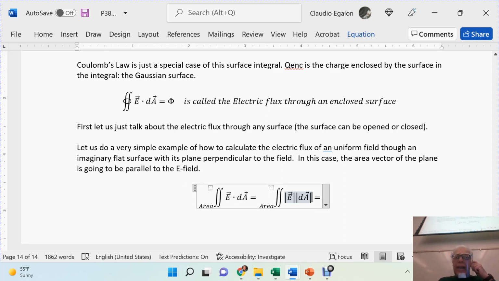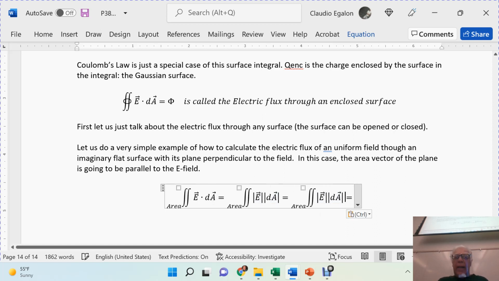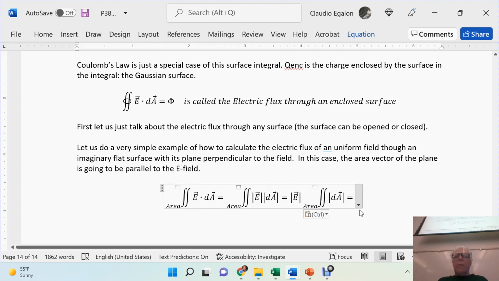Okay, because the electric field is uniform, we're going to have the same value for the electric field anywhere throughout the area of integration. And because of that, I can take the electric field out of the integral. Okay?